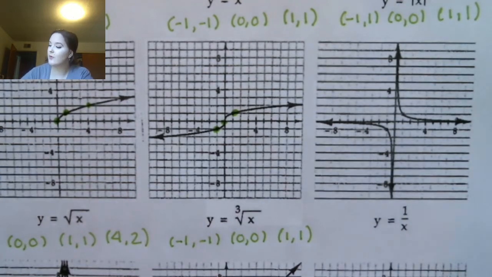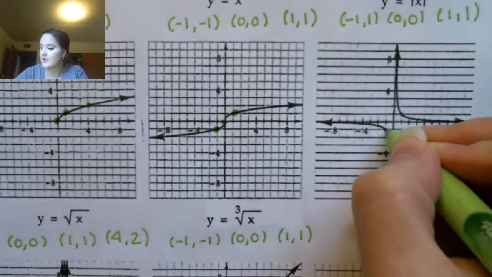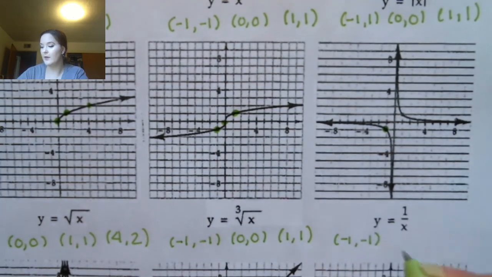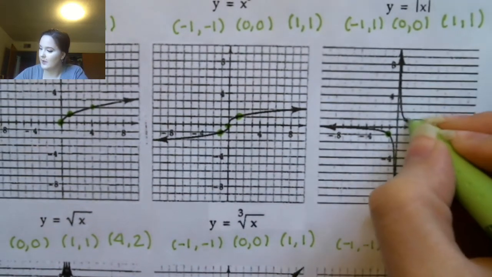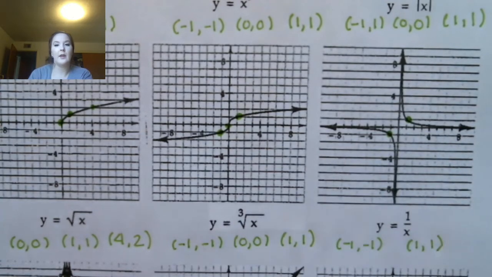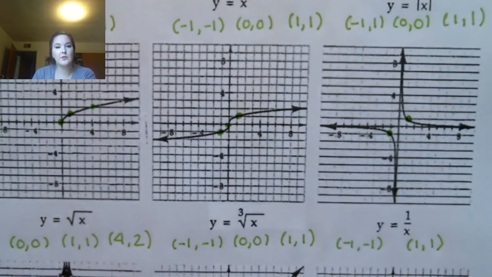So this graph only has two key points. It's this one here, which is -1, -1, and this point here, which is 1, 1. But this graph also has two key features. There's a vertical line and a horizontal line that really show you the shape of the graph.